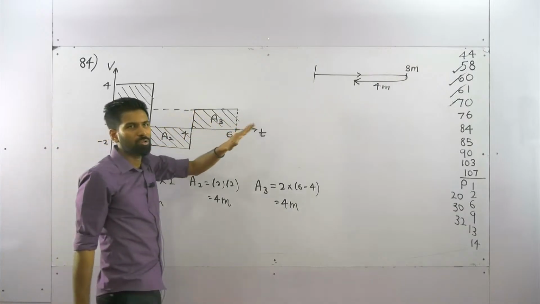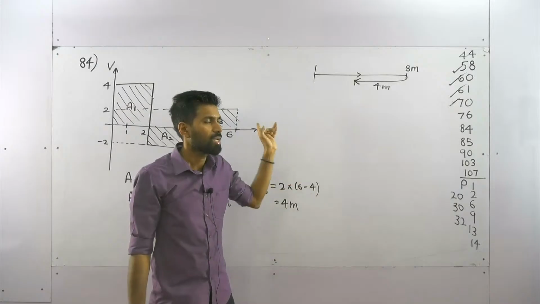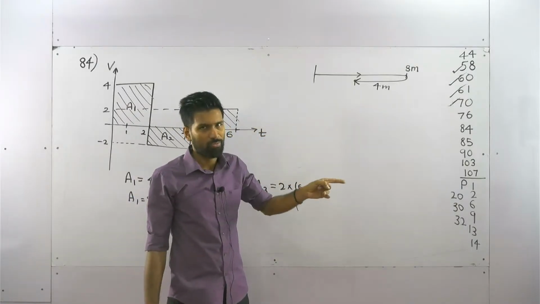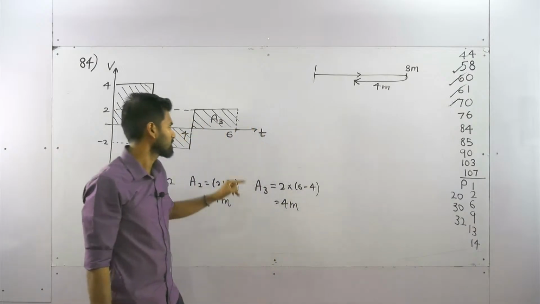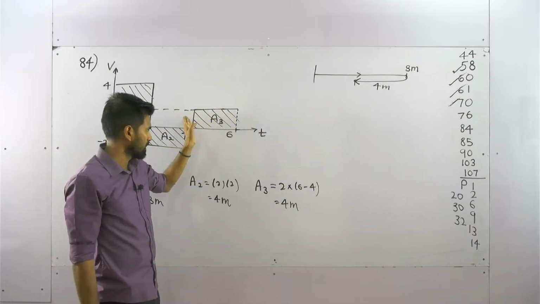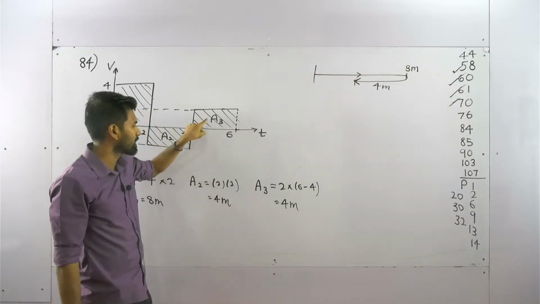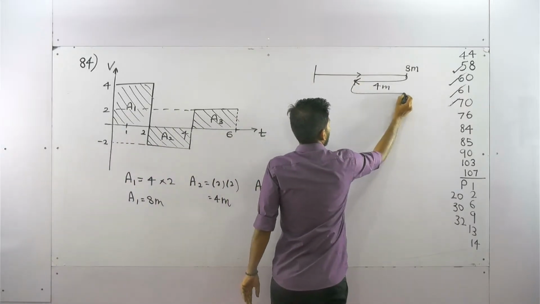That means the velocity became positive again, so it turned back again and now has the initial direction where the velocity is positive. Now again it's moving in that direction, and the distance that it travels is the area under this A3 part. It's 4. It turned again and moved to this side.